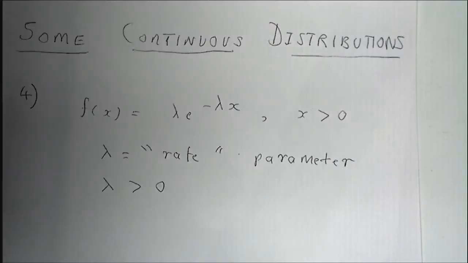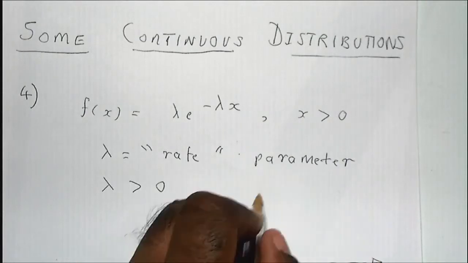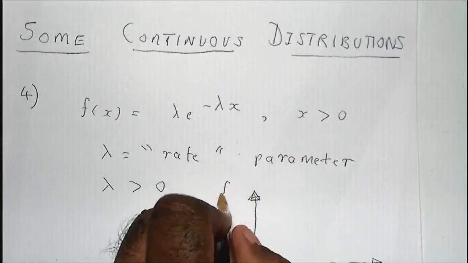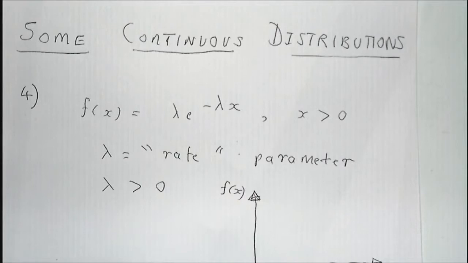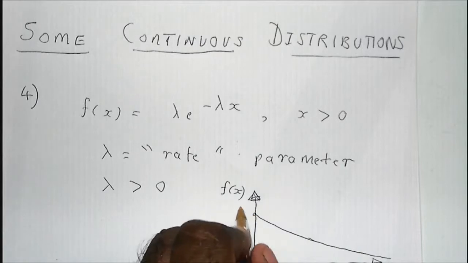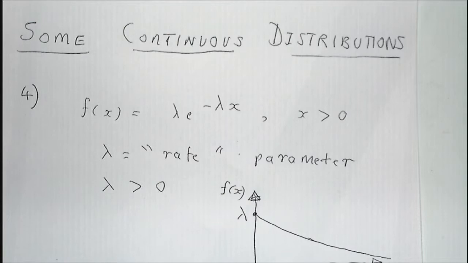So it always takes strictly positive values. If you draw a graph of f of x versus x, it will look something like this. Okay.